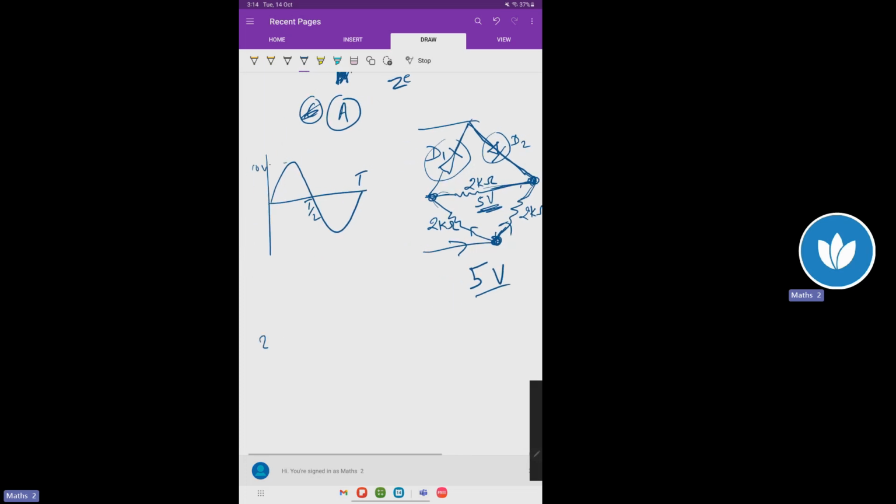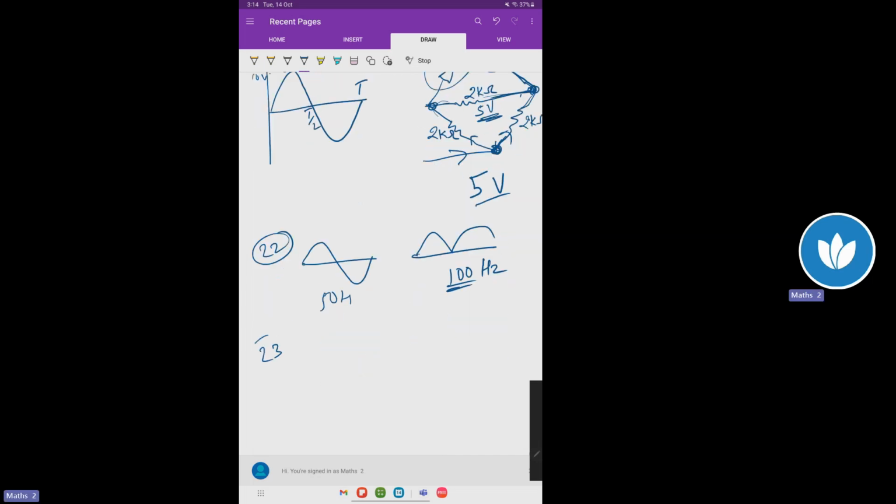Question number 22. In a full wave rectifier circuit operating from 50 Hz main frequency, the fundamental frequency in ripple. For a full wave rectifier, input frequency is 50 Hz, output frequency will be 100 Hz. Answer is 100. 23. The resistance of a germanium junction diode whose VI is shown, Vk is 0.3.